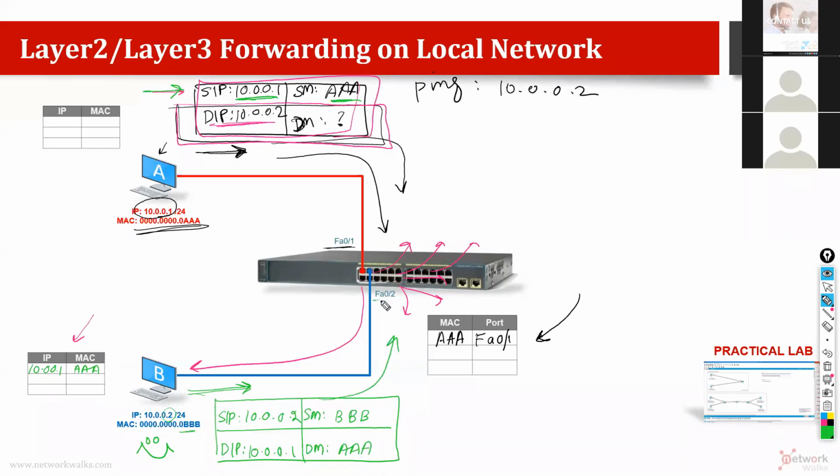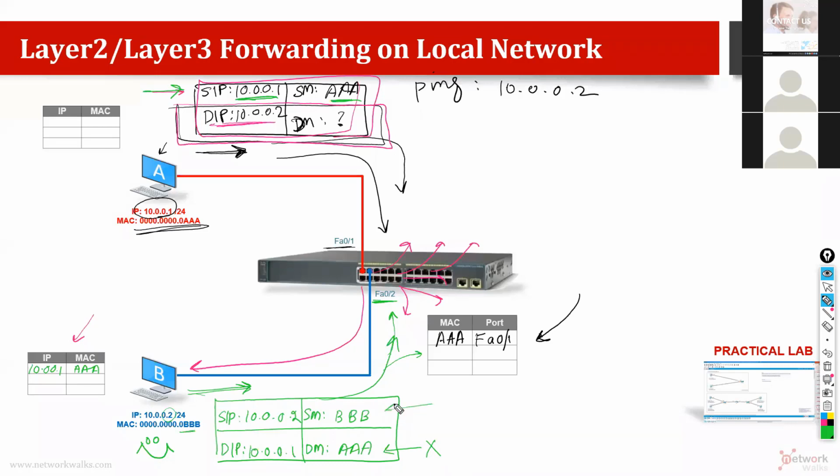Now when it reaches the switch port FA0/2 from this blue cable, the switch will say, okay, I can help you to send this reply packet, but I also need some extortion. I need my own share, because I am also hungry. I need to fill some information from this table. So what is the useful information from this table for A? This information it already knows, so it's not so useful now.